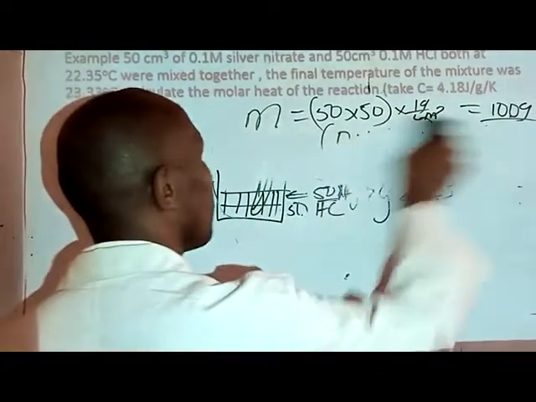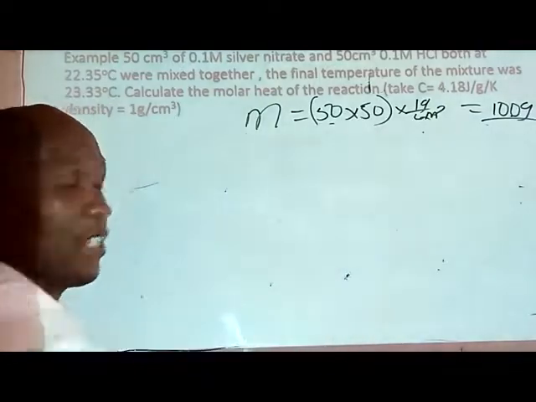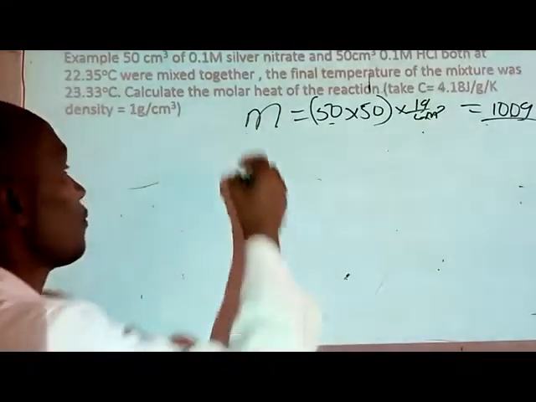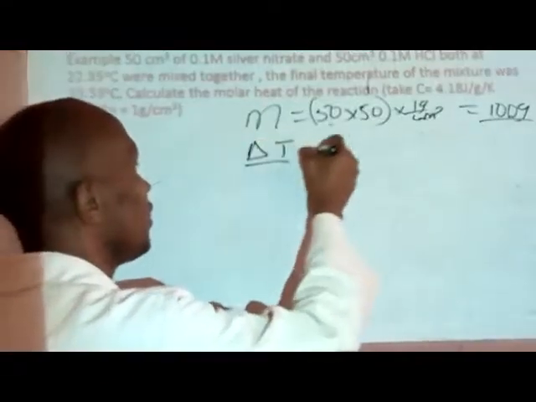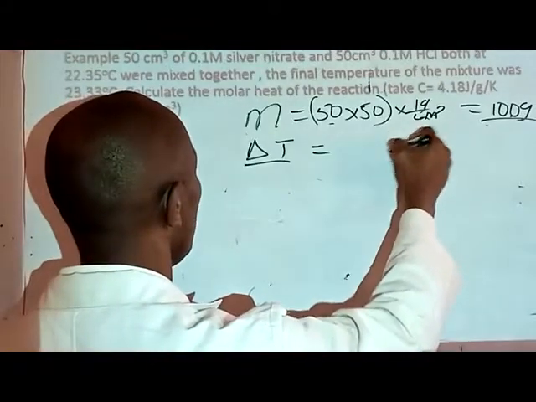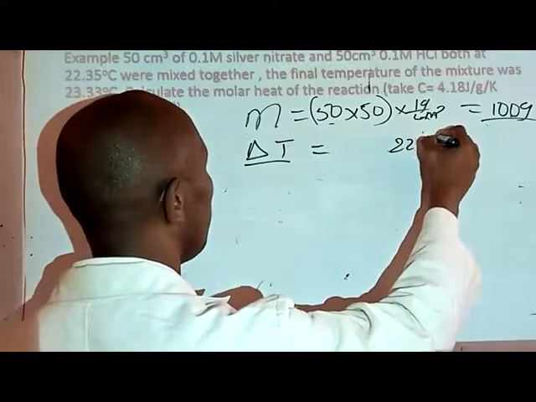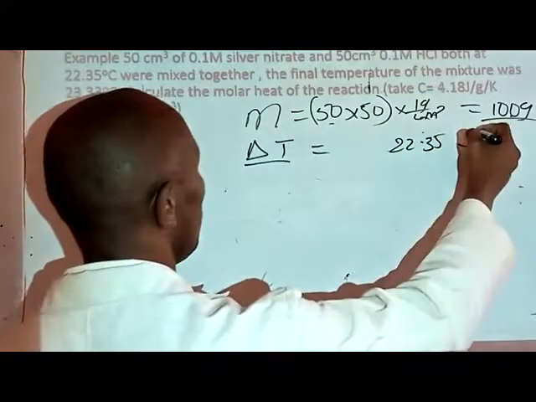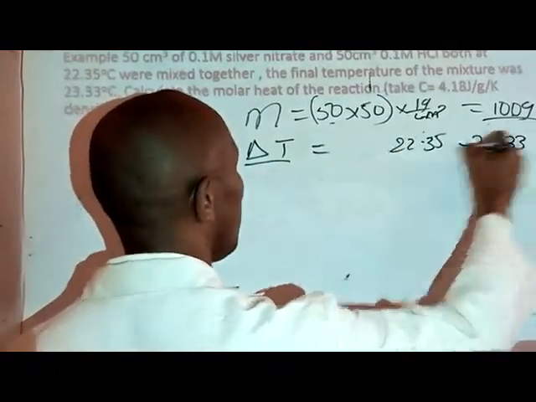What is the next thing? Get the delta T. What is delta T? From 22.35 then to 23.33.